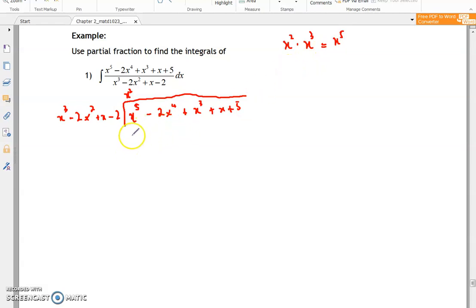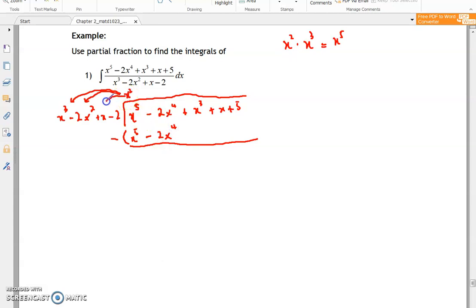The operation we use here is subtraction. Then x squared must also be multiplied by minus 2x squared, which gives minus 2x to the power of 4.